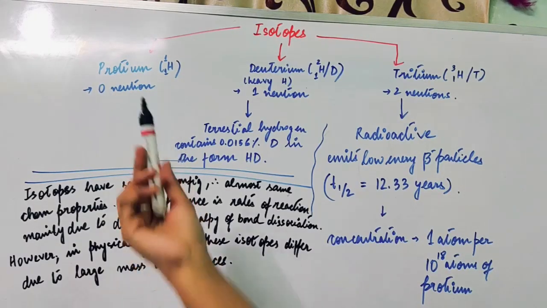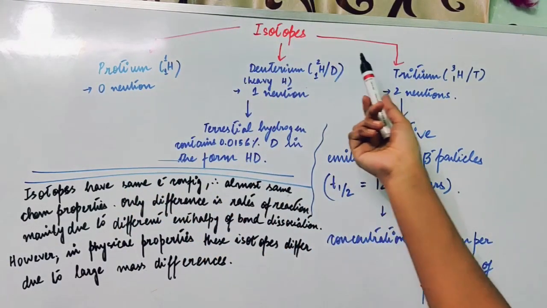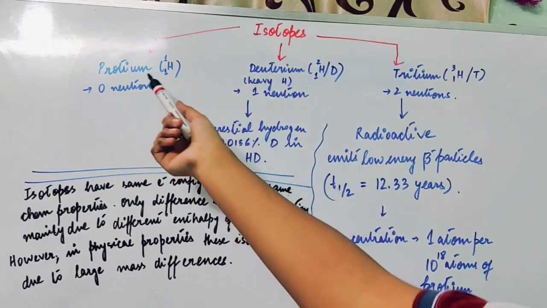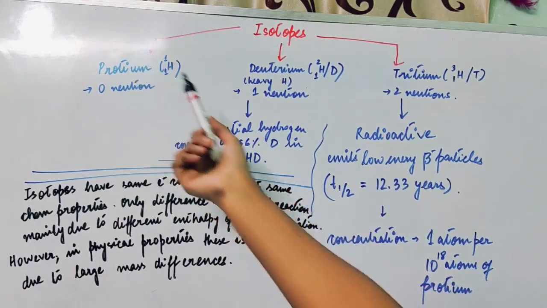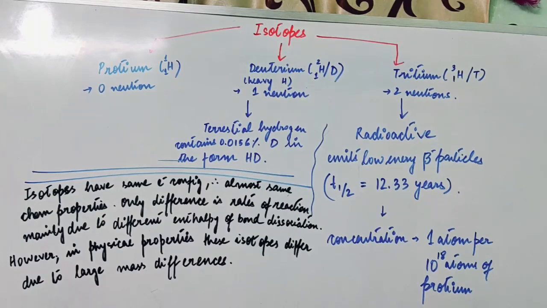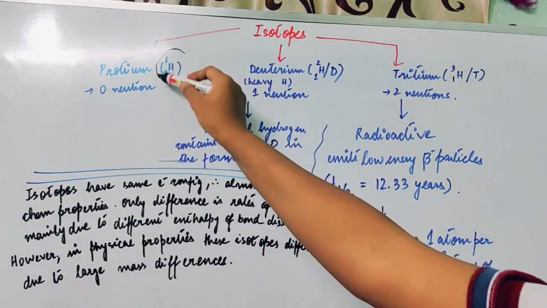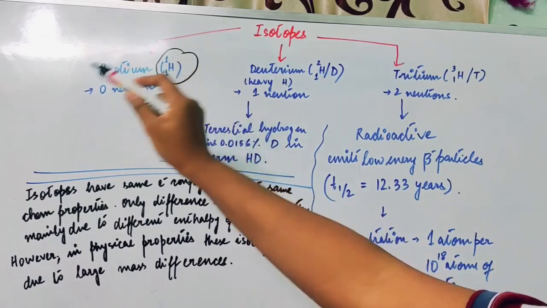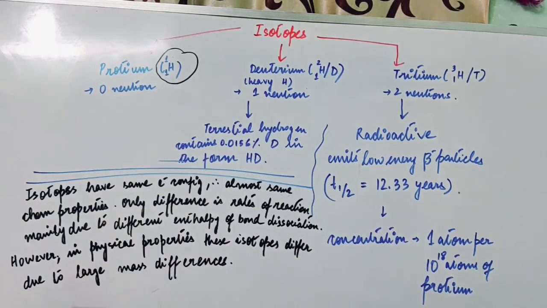Isotopes of hydrogen. Hydrogen has three distinct isotopes. One is named protium, one is named deuterium, and the other is named tritium. Protium is denoted as 1H1, one proton, one electron.